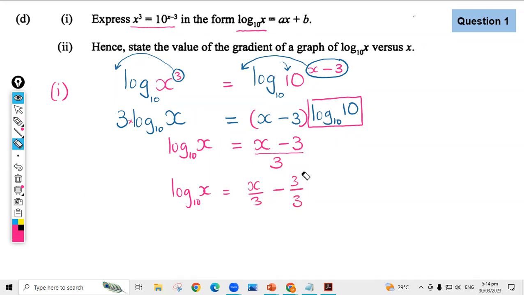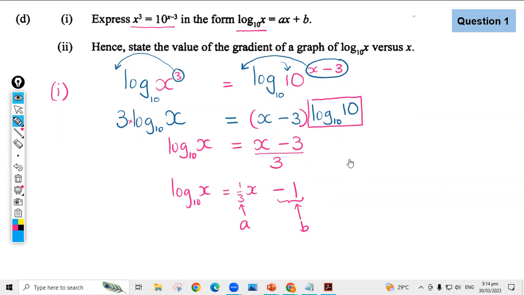But we know 3 divided by 3 is 1. You all are math students, right? x divided by 3 is the same exact thing as 1/3 x. We know the x really belongs on top. All right. So the value of A is 1/3 and the value of B is minus 1.